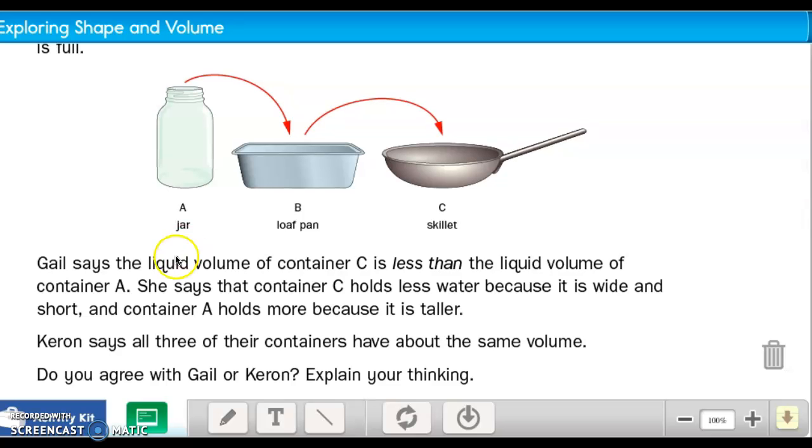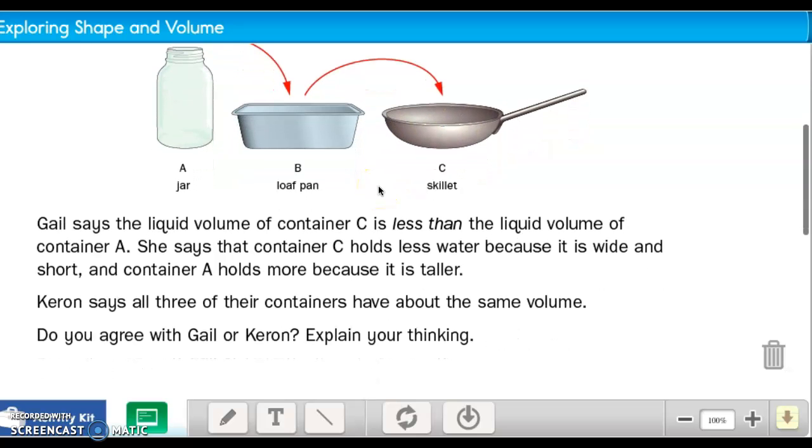Now, Karen says all of these three containers have the same volume, so they hold the same amount. So who do you agree with? Do you agree with Gail or Karen? Explain your thinking. So you think about this for a minute.